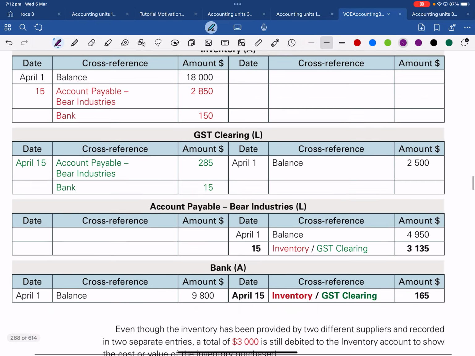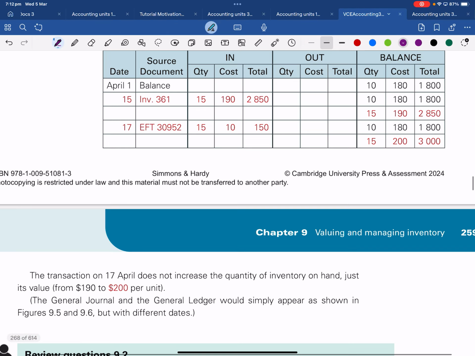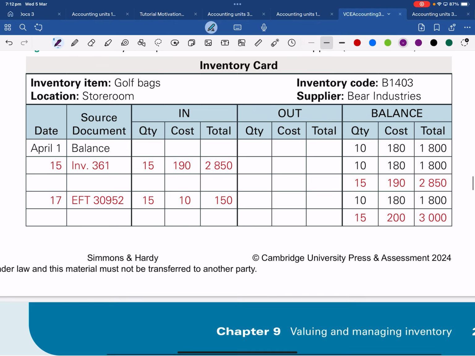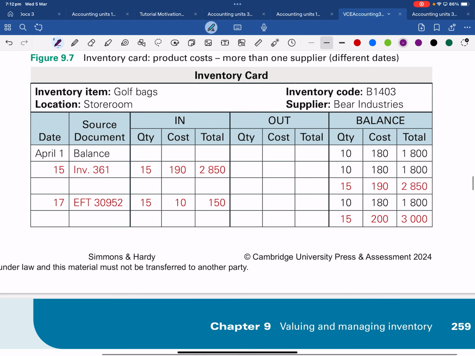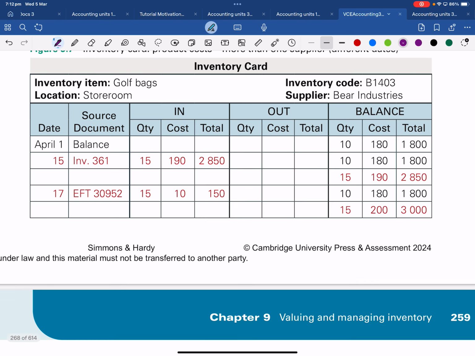But now, in a different situation, what happens? We have been given two different dates.